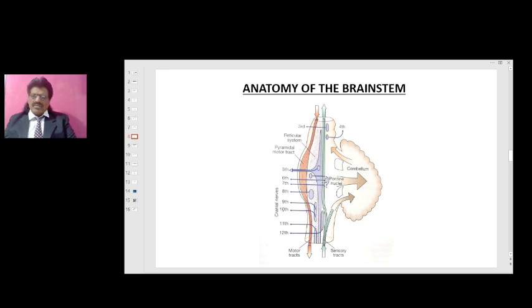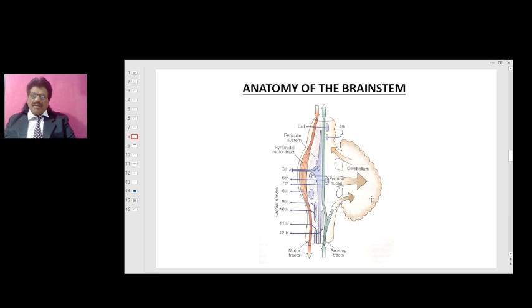We have the 6th nerve nucleus, the 7th and then the 8th. In the medulla oblongata, the important cranial nerves are the 9th, 10th, 11th cranial nerves and the 12th cranial nerve nucleus. So in the midbrain we have 3, 4, in the pons 5, 6, 7, 8, and in the medulla oblongata 9, 10, 11, 12. And this is the cerebellum.